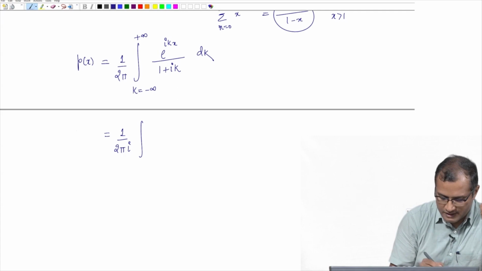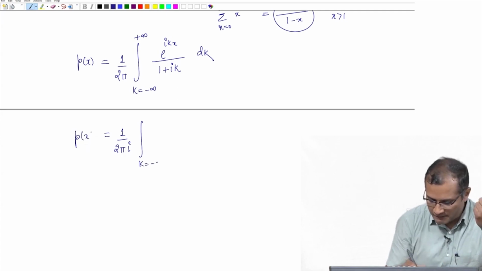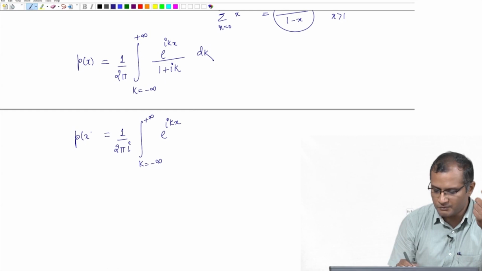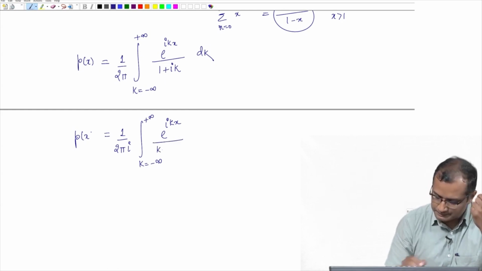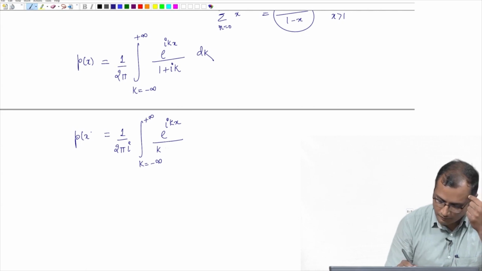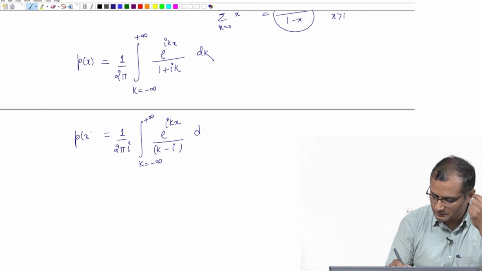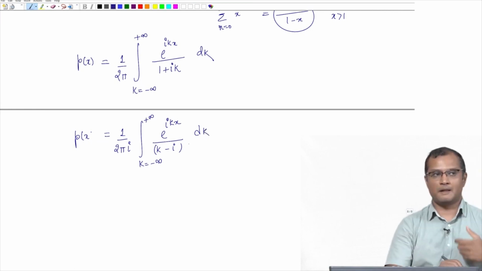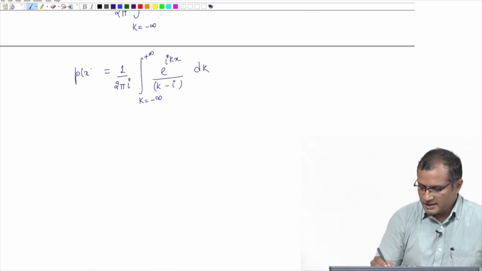So, I will write this as k going from minus infinity to plus infinity e to the power I k x. I have just pulled out an I from the denominator, and I will write it as k minus I. Okay. So, now this is the integral that I am chasing.